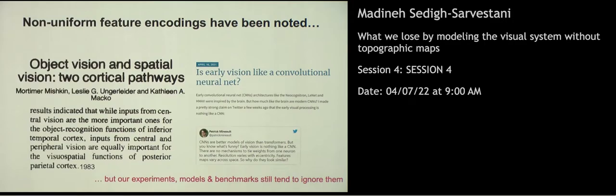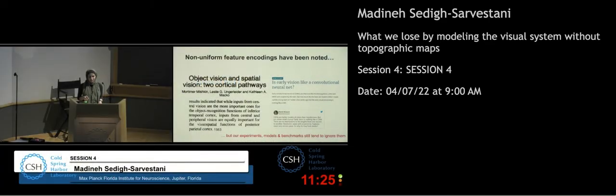And I should say I'm not the first person to make this observation. The OGs of functional specialization in the visual system, Mishkin and Ungerleider, very early on, were among the first scientists to introduce the idea of the dual stream system.